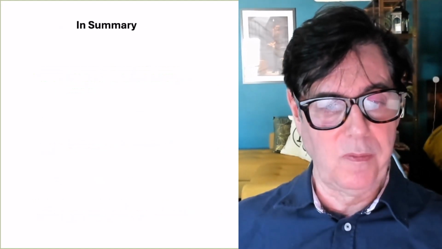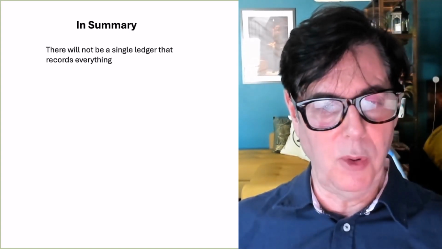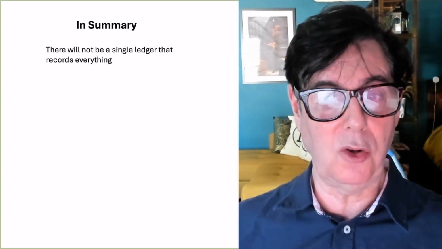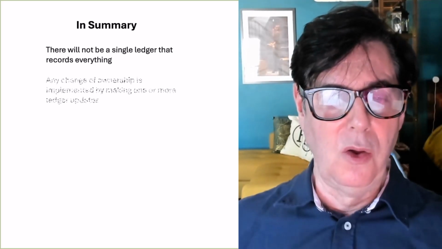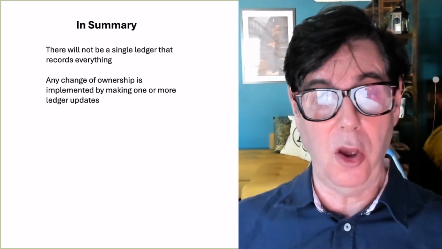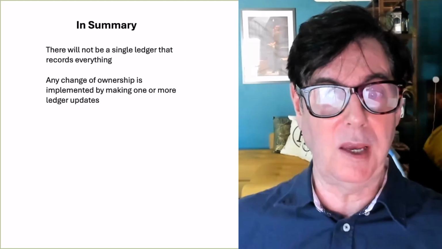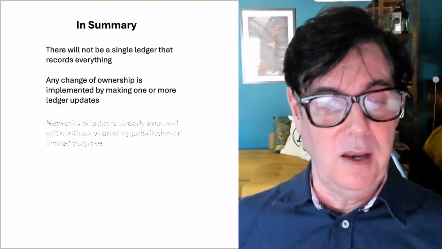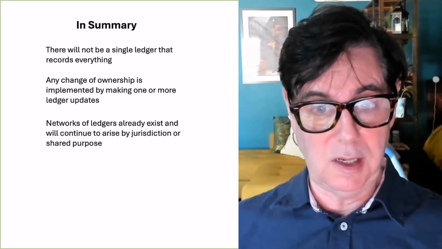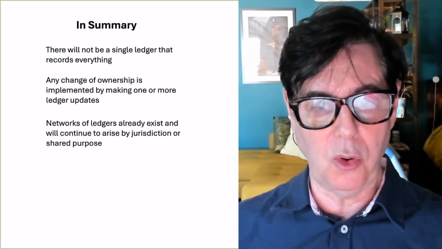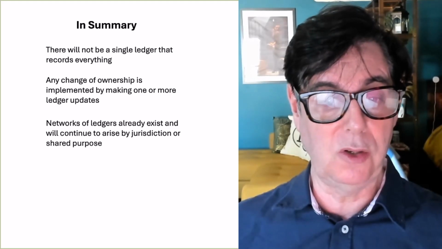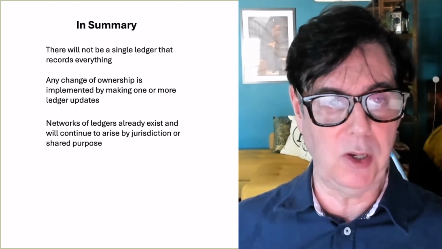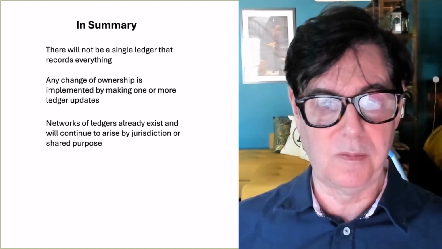To sum up, we do not think that there will ever be a single ledger that records everything. We consider any change of ownership of anything to be a collection of ledger updates. Networks of ledgers already exist, and we expect more to emerge by jurisdiction or by some other common purpose, such as clearinghouses.